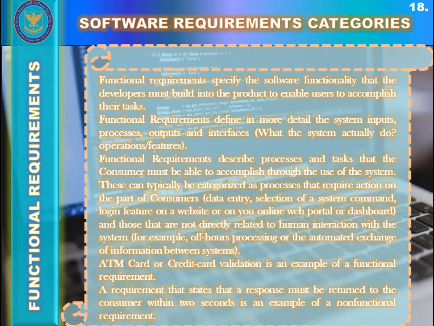So functional requirements specify the software functionality. Of course, the instructions, features, options, and the interface tell about the functionality or operations of the system or software. Functional requirements specify the software functionality that the developers must build into the product to enable users to accomplish their tasks.